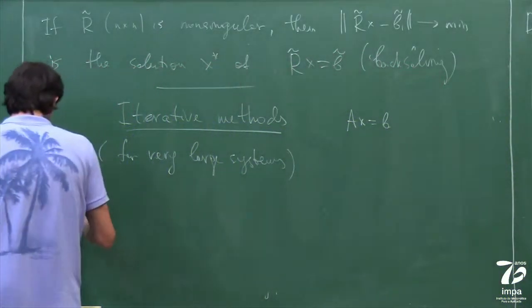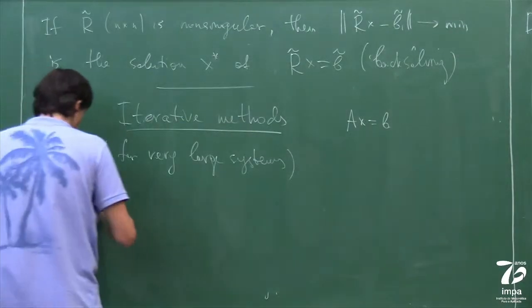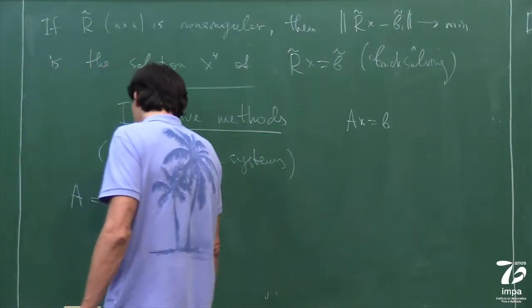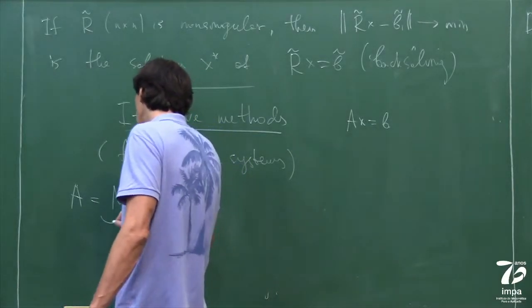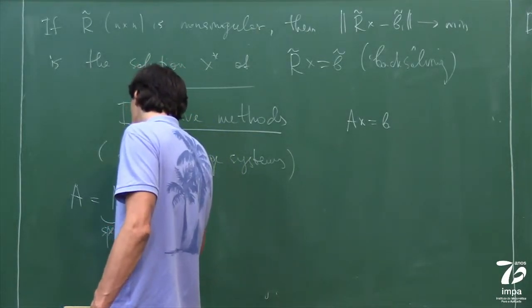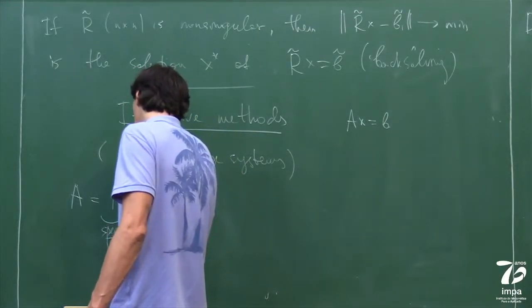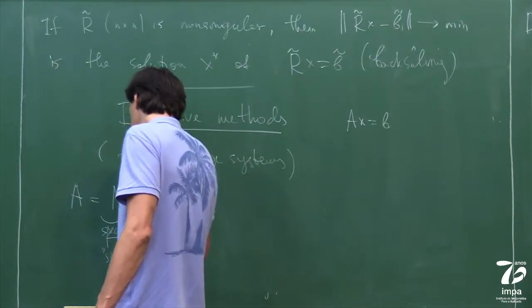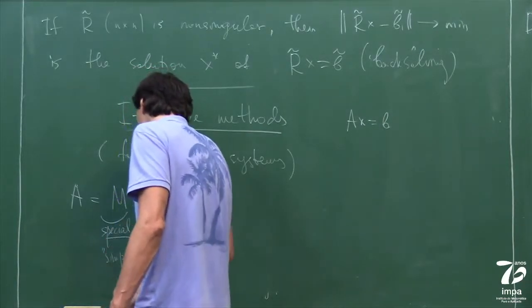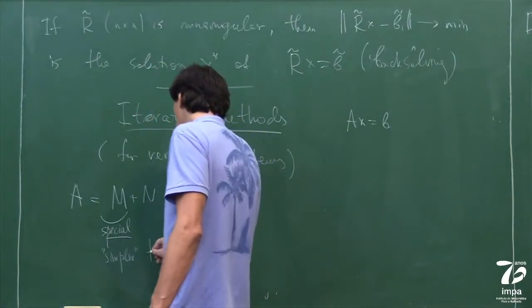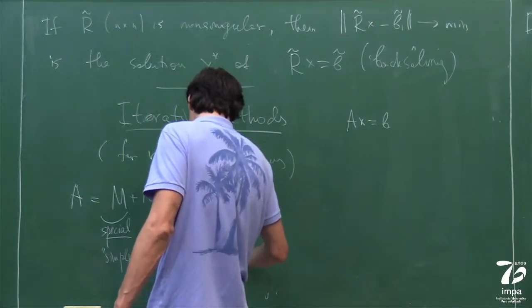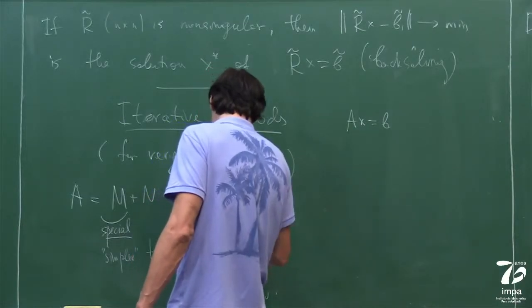The idea is that you take A and split it into two parts, M plus N, where M is special. Usually it is simpler to solve the system Mx equal b.